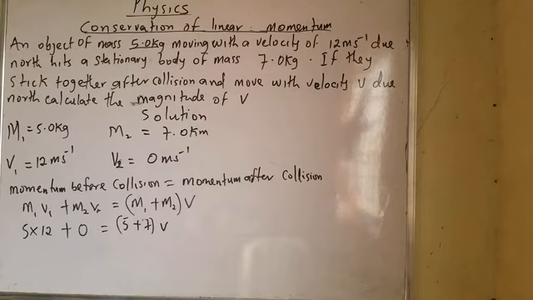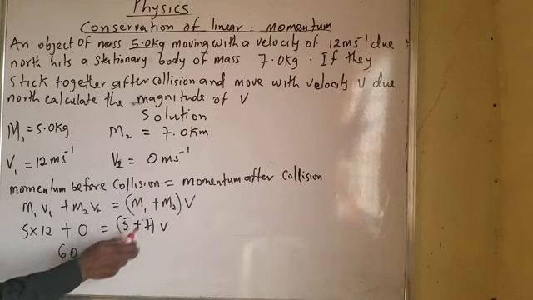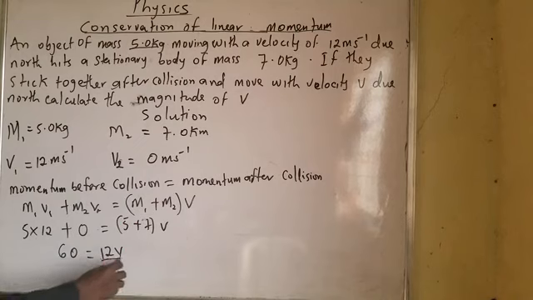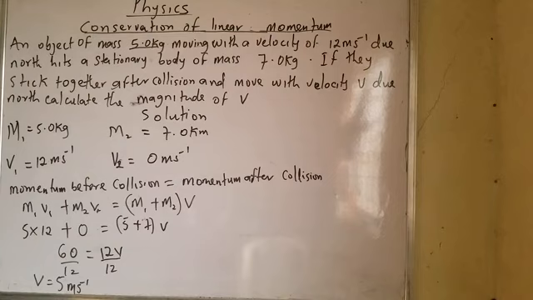Multiplying this out, 60 equals 12V. Dividing by 12, my velocity V will be equal to 5 meters per second. That is my velocity, and by so doing I've gotten my answer.